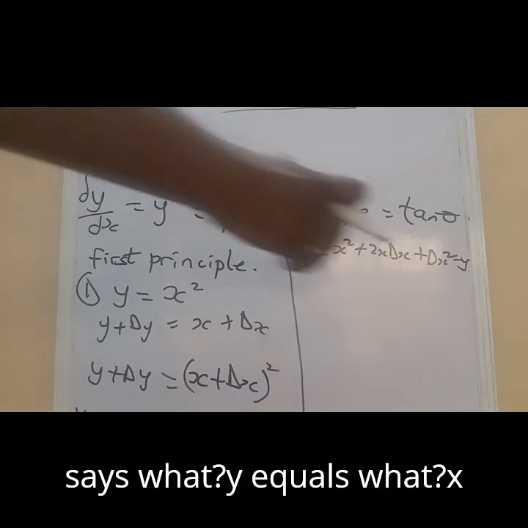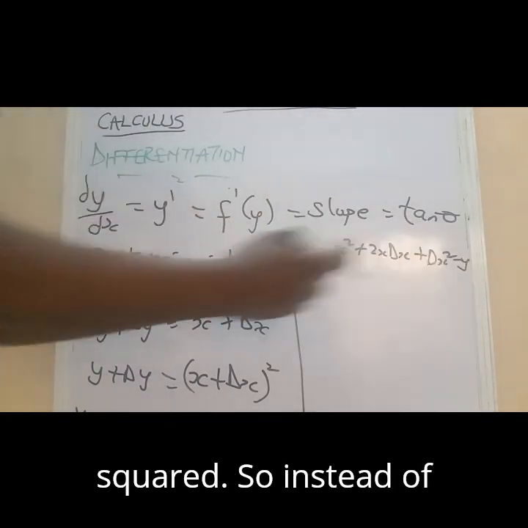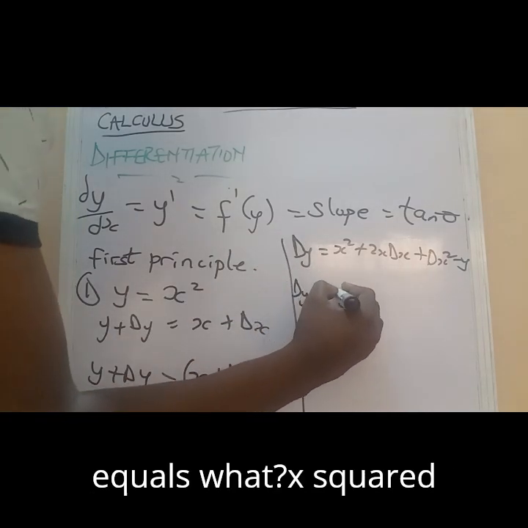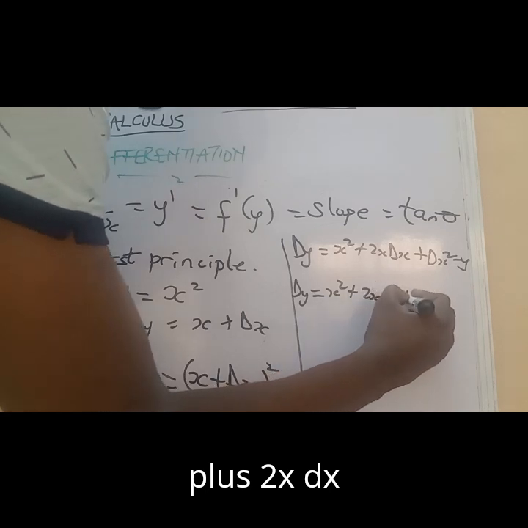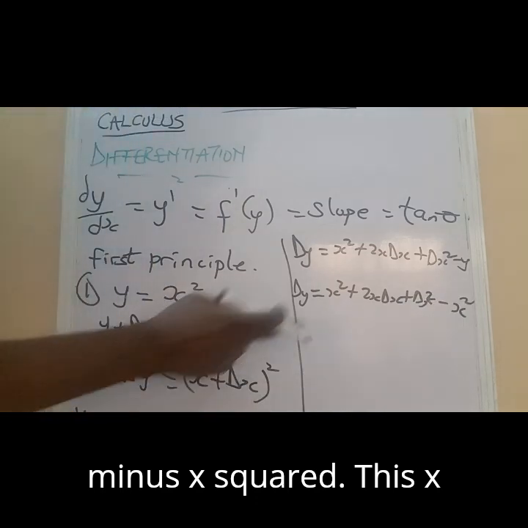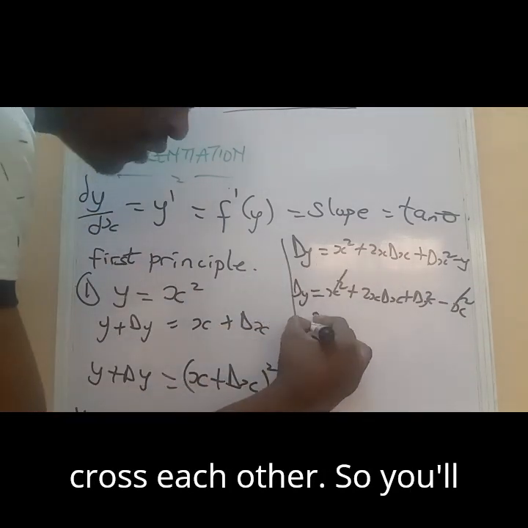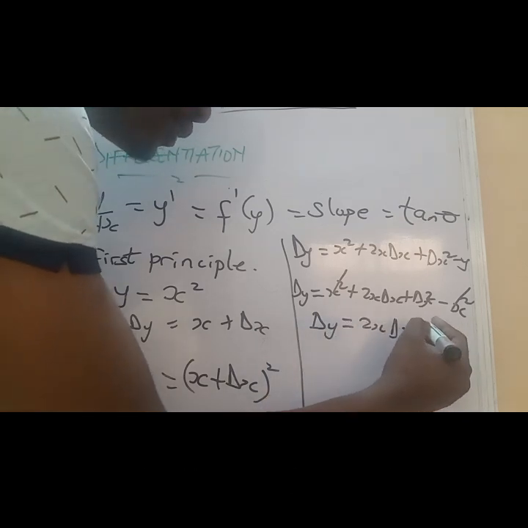Your question says y equals x squared. So instead of writing y, you just put in your x squared. That's dy equals x squared plus 2x dx plus dx squared minus x squared. This x squared minus x squared will cancel each other. So you'll be left with dy equals 2x dx plus dx squared.